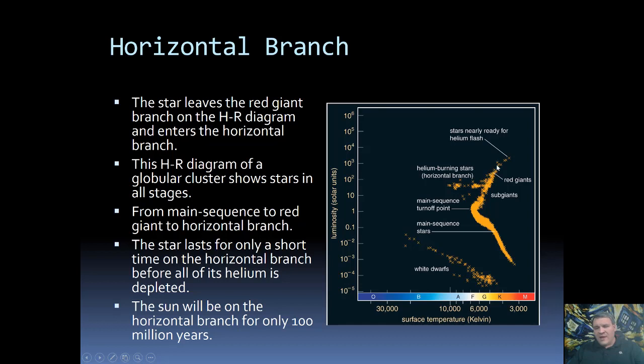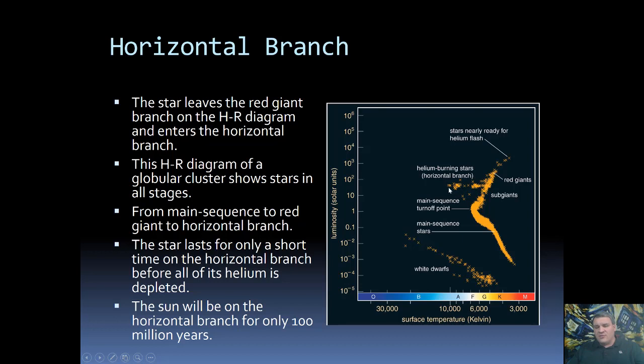Along here, we've got the red giant branch, where we have a non-fusing, inert helium core and a shell of hydrogen fusion. Up here at the top, these are the stars that are getting ready for the helium flash. The helium flash is that instant where they suddenly begin helium fusion. Once helium fusion begins, the stars shrink and heat up, moving over to the left onto the horizontal branch.